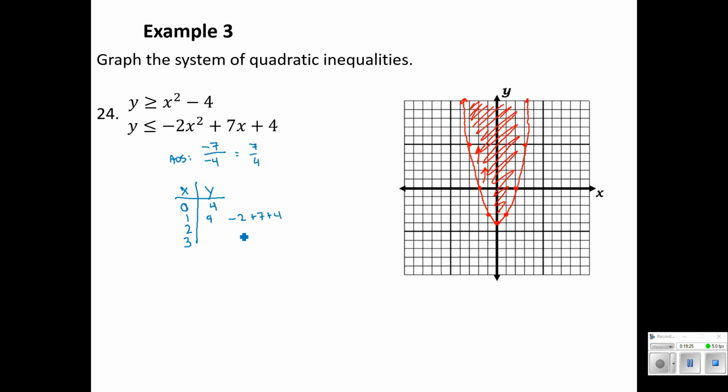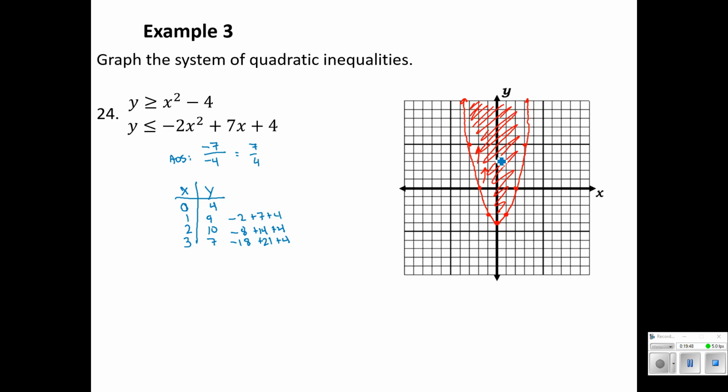If I plug in a 2, negative 2 times 4, negative 8, plus 7 times 2, 14, plus 4. Negative 8 plus 14 plus 4 is 10. If I plug in a 3, I get negative 18 plus 7 times 3, plus 21, and then plus 4. I have a positive 3 plus a positive 4, that's 7.